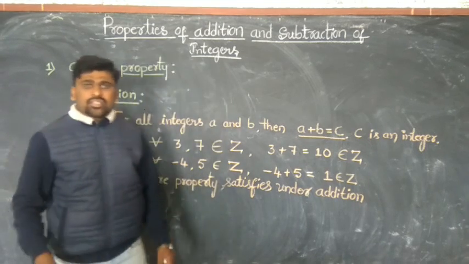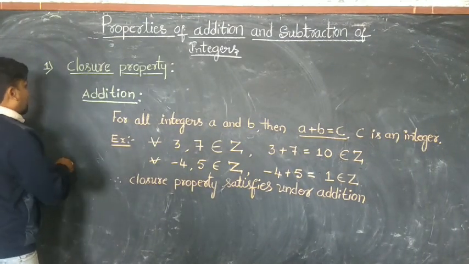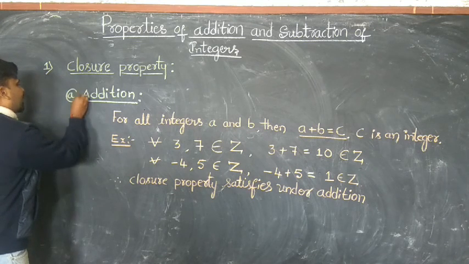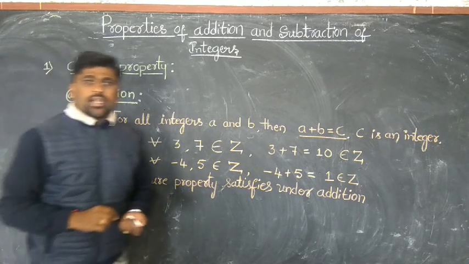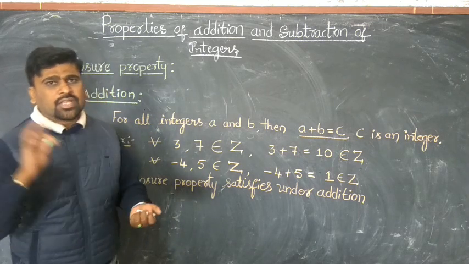Understood neatly? This is the first property, closure property under addition, nothing but a plus b is equal to c.